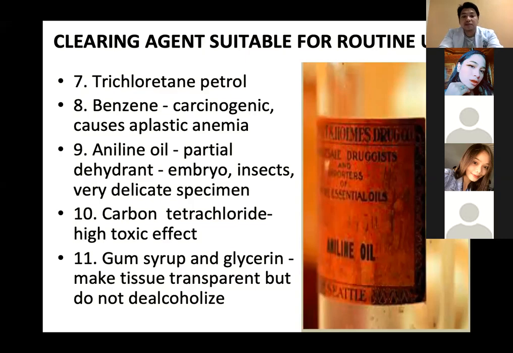Okay. Gum syrup and glycerin make tissue transparent but not de-alcoholized. Okay, gum syrup and glycerin, class, are used for those tissues not being dehydrated by alcohol. So gum syrup and glycerin are used as clearing agent if the dehydrating agent is not alcohol.